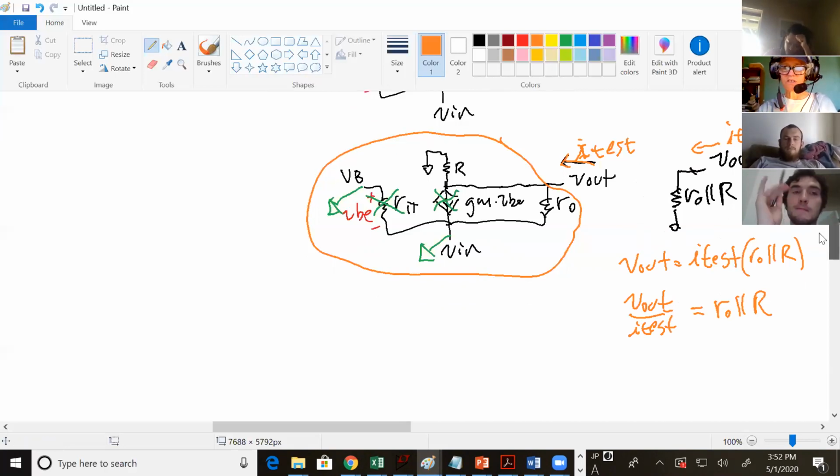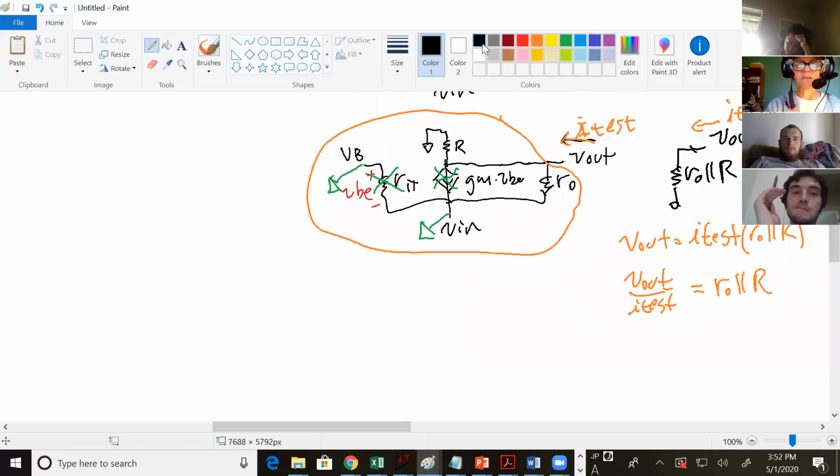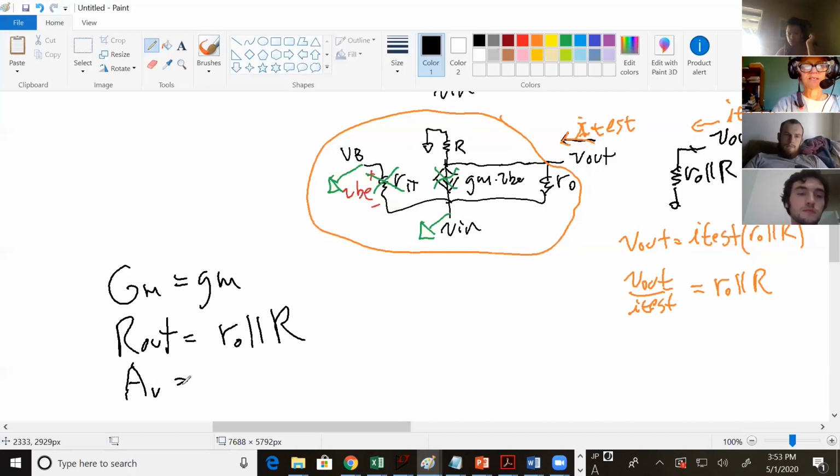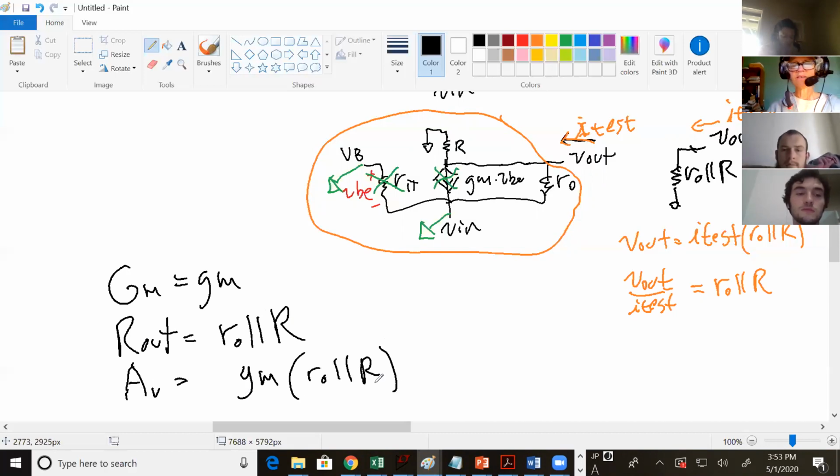Okay, so let's summarize. We've got big GM equals GM. We just found R out, R plus R. And what's your gain? GM times RO in parallel with R. And does that look familiar? That's common emitter gain, except positive.